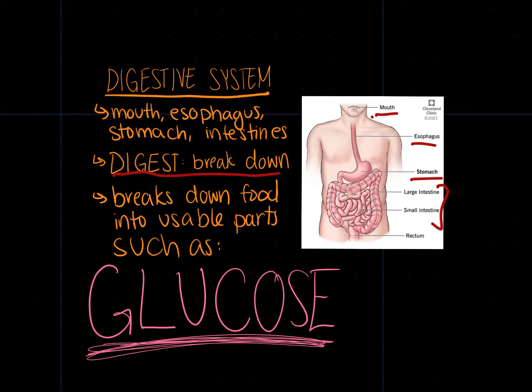That starts in our mouth by chewing. We're chewing, that's called mechanical digestion. And then we also have enzymes in our saliva that are chemically breaking down our food. Our food then travels down to our stomach, where it's broken down by chemicals in our stomach. And then it moves through our intestines, all up in here, and it gets further broken down.